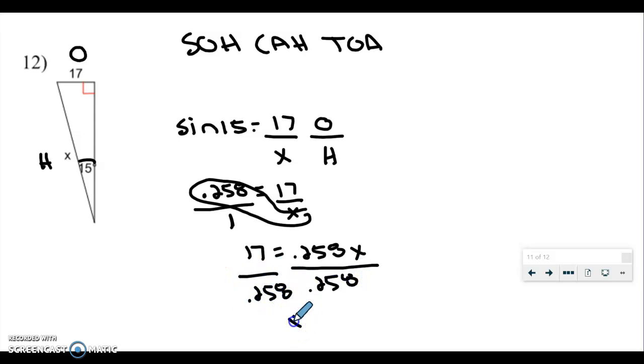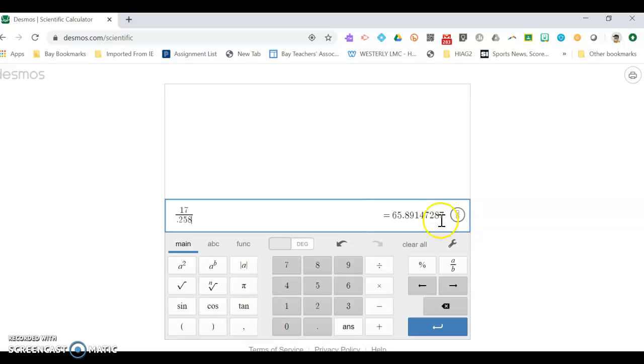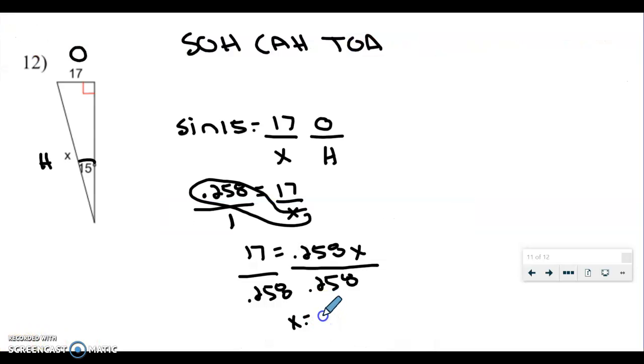And we will find out what x equals. So we're going to take 17 and divide it by 0.258. And we get a side measure of 65.9. That's how long this side is.